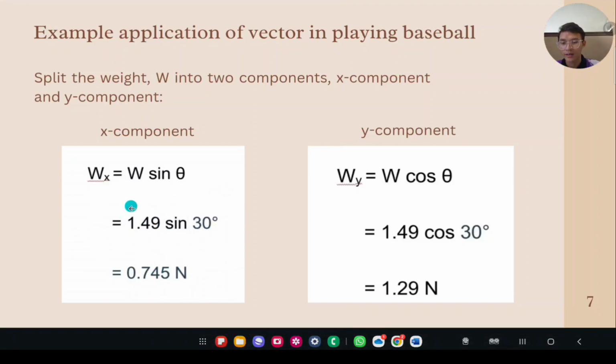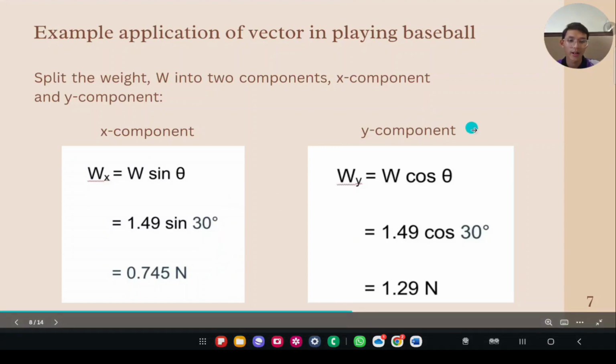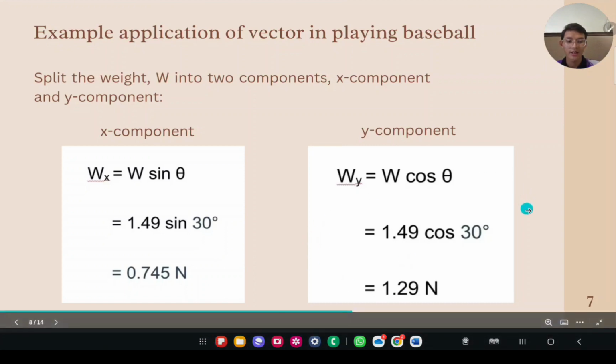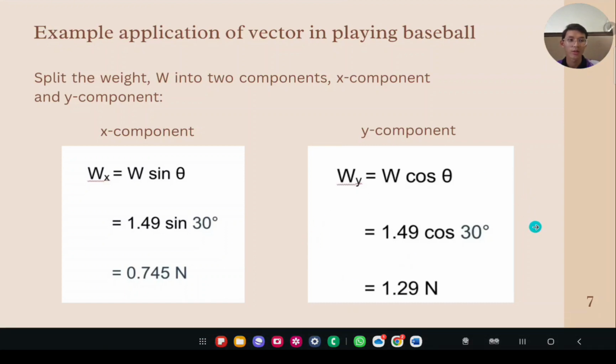So we get 0.45 Newton. For the y component, Wy equal to W cos theta. If we substitute, we get 1.49 cos 30 degrees, and we get the answer 1.29 Newton.